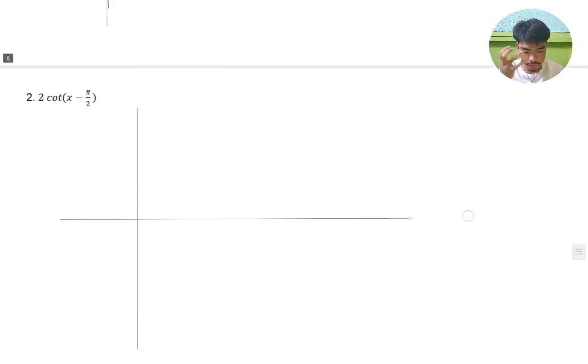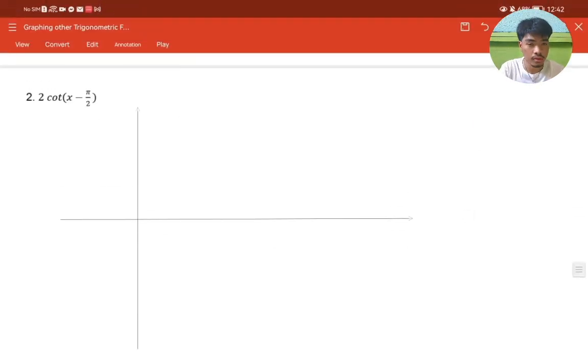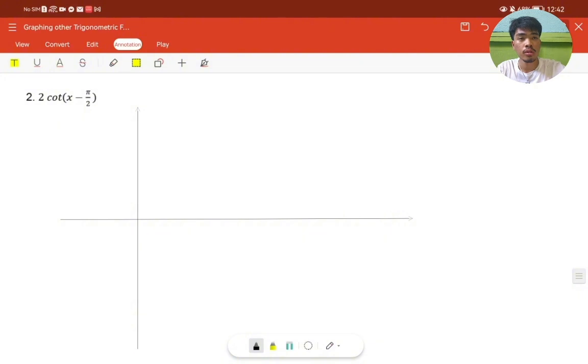Number 2: 2 cotangent of x minus pi over 2. Look at the shift: it has a horizontal phase shift of pi over 2 to the right.